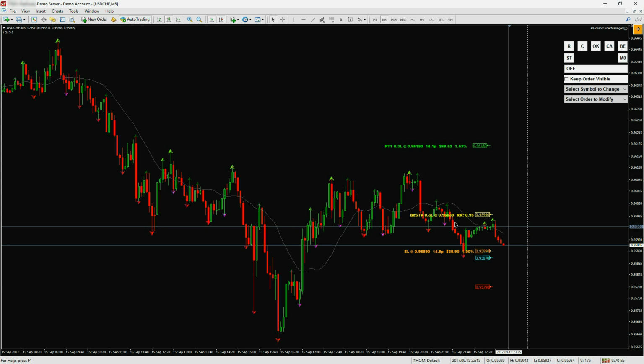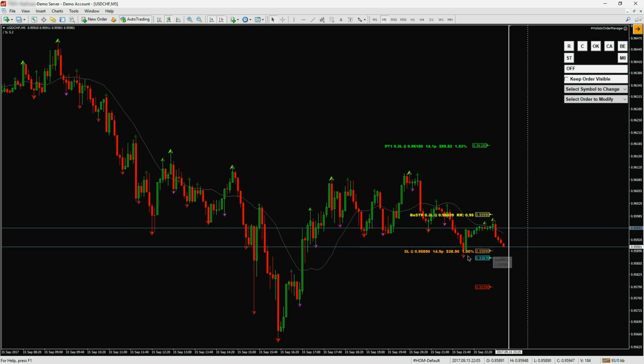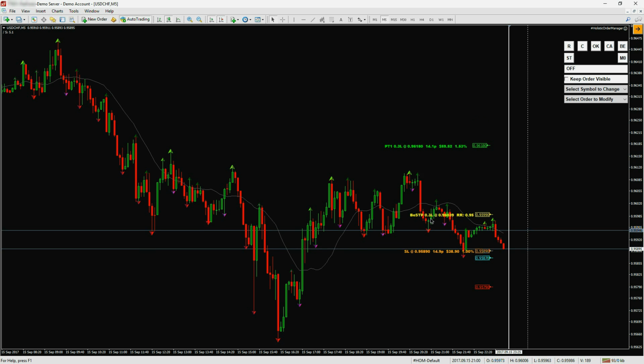Now let's see, if we risk this 10 pips for a 1% risk, the lot size is 0.3 lots. Let's try doing the same thing. If you try to place a fixed lot at the same price, it should keep these values similar, like 14.9 pips risk. The risk amount is 38.90 and 1.0 risk.